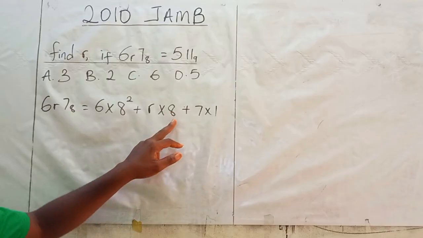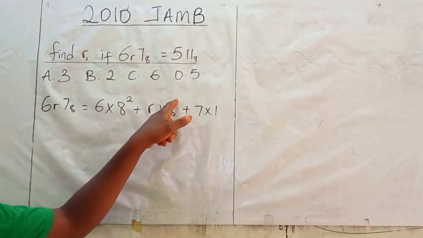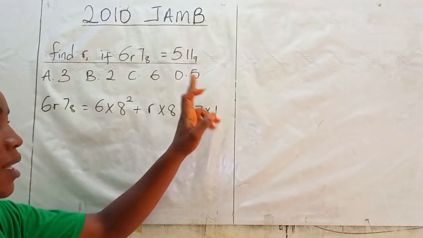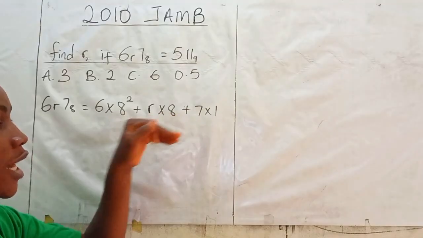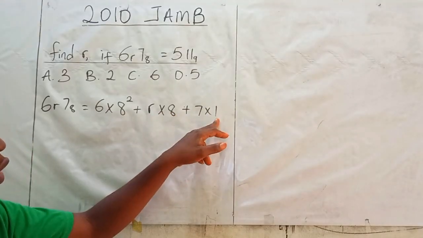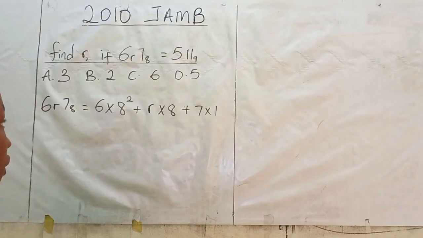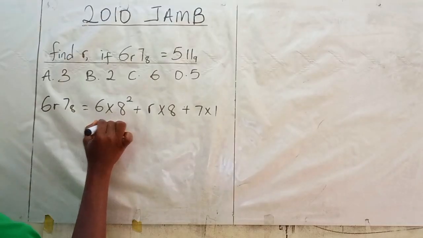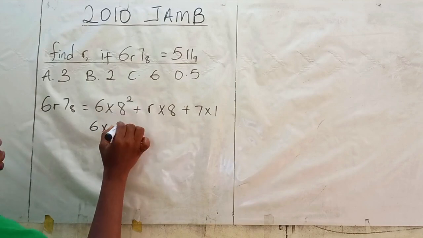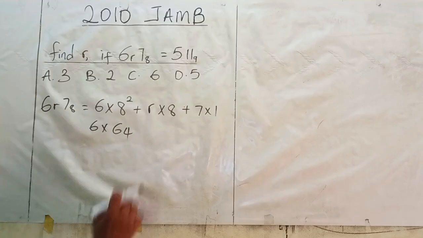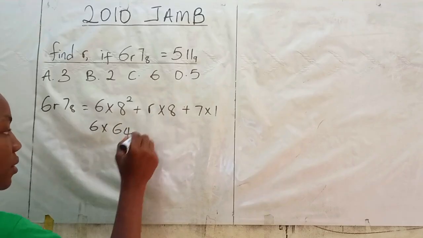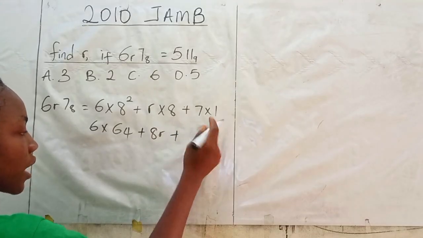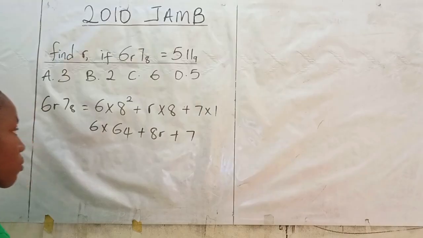You know that this is 8 raised to power 1 and this one is 8 raised to power 0. Any number raised to power 0 will give us 1. So here we have 6 times 8 raised to power 2, which is 64, R times 8 is 8R, plus 7 times 1 is 7.